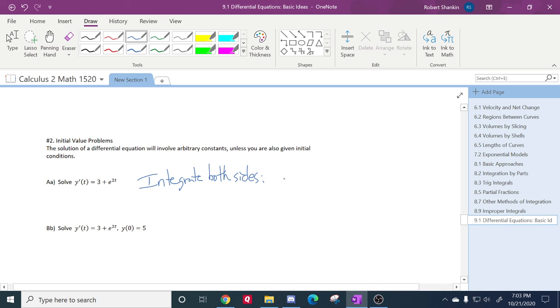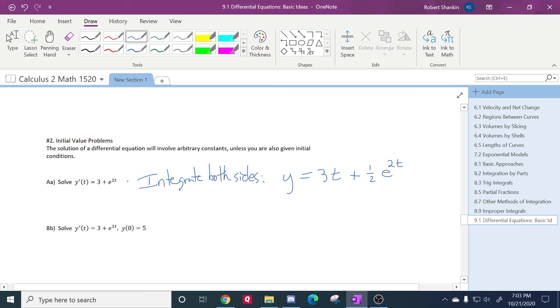And what I get, when I integrate the left hand side, I just get y. When I integrate the right hand side, I get 3t plus e to the 2t again, but I'm going to have a 1/2 in front of it. Because remember, when I take the derivative of this, it has to check to be this.